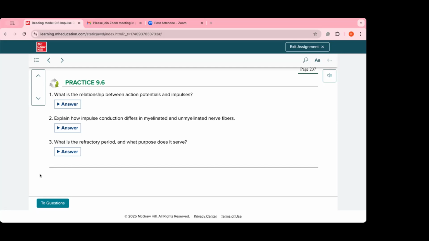Let me see if this tells me anything. Let me see if this gives us anything that we can use. I'm not sure because the book doesn't really make sense to me here.